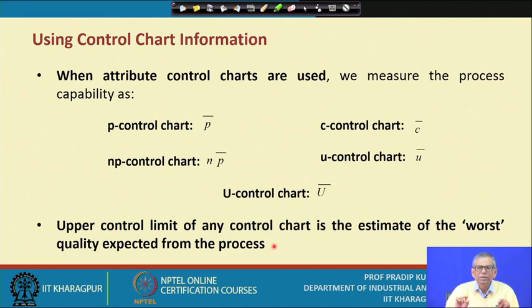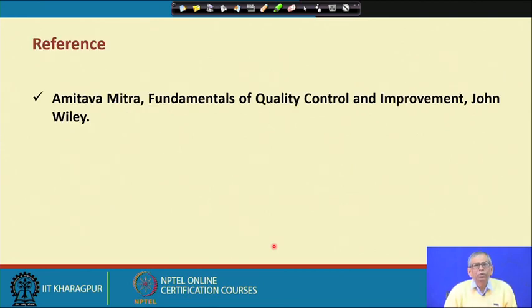The center line is indicative of the process performance. And similarly, you have the upper control limit, which basically indicates the worst possible quality level. Is it okay? So these are the ways you can estimate the process capability under various situations.